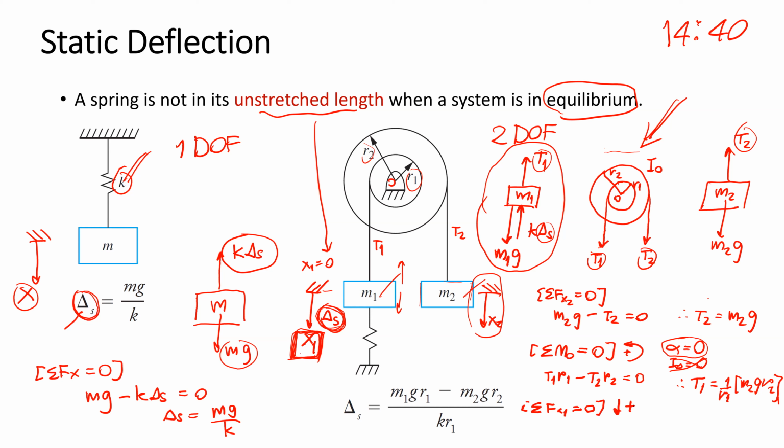So we have M1G in the downward direction, and the spring force is in the upward direction. T1 also in upward, equal to 0.